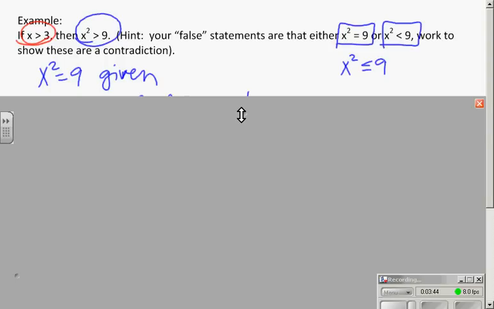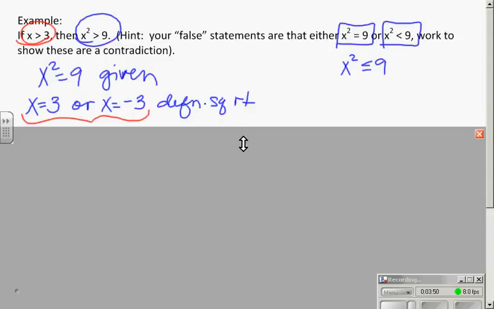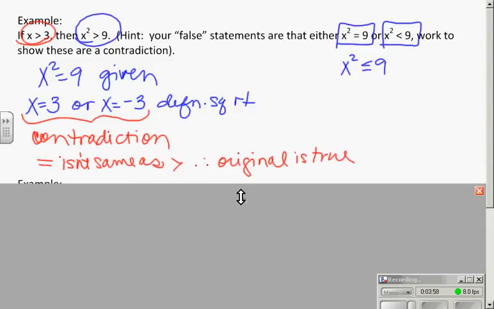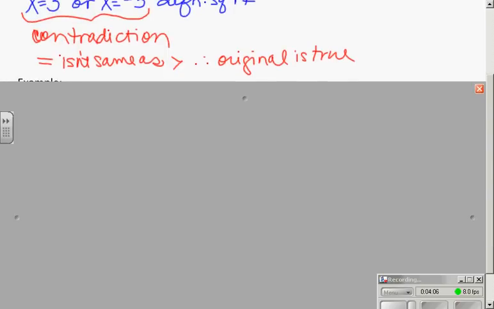So we're going to start with x squared equals 9. We're going to pretend for a moment that's what we want. By definition of square root, x equals 3 or x equals negative 3. Oops, that's a contradiction. Equal isn't the same as greater than. Therefore, our original is true. And it's just that simple.